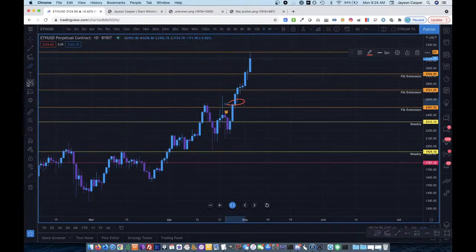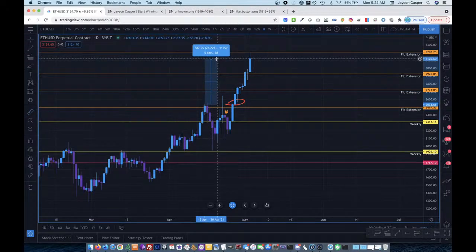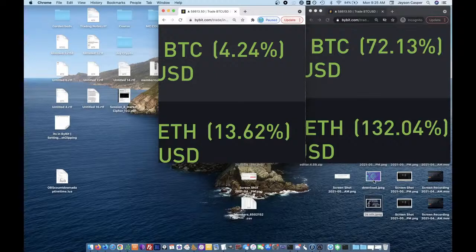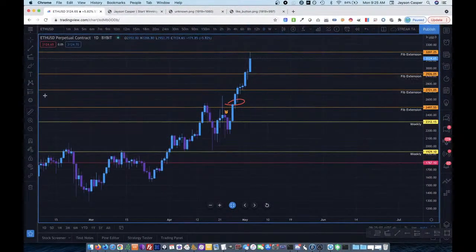I'm long from down here, so I'm currently up 22%. This is a leveraged trade, so it's actually up 132%. At the same time, I'm short on Ethereum from this fib extension level, which is about 3%, but it's also leveraged, so the percentage is more than the actual percent.